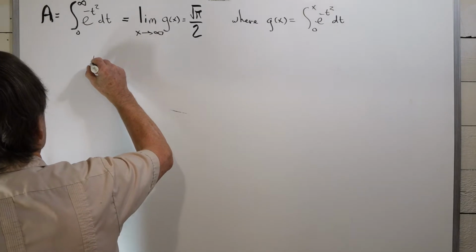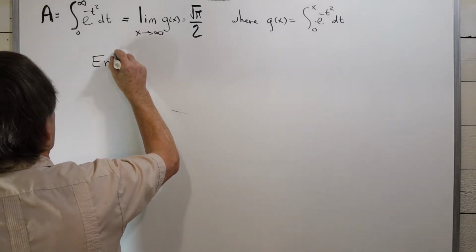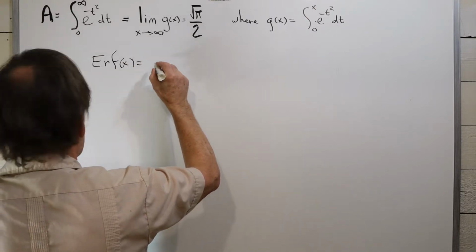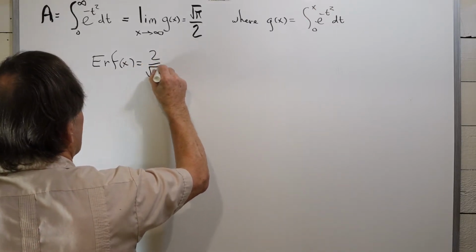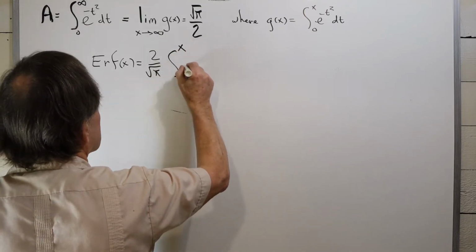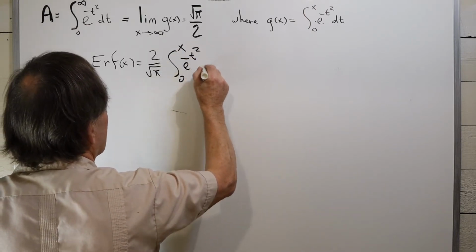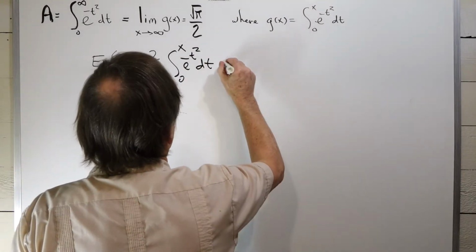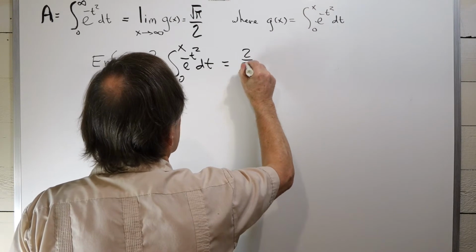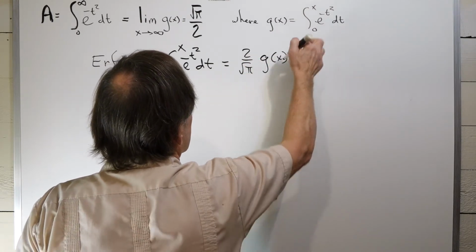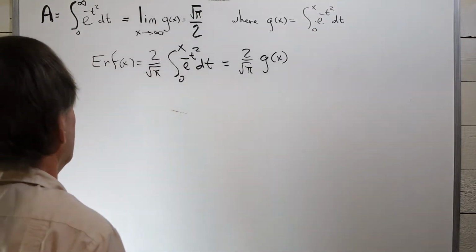The error function, as you remember, is ERF of x, which is 2 over the square root of pi, the integral 0 to x e to the minus t squared dt, or in this case it would be 2 over the square root of pi times g of x, this particular integral there.